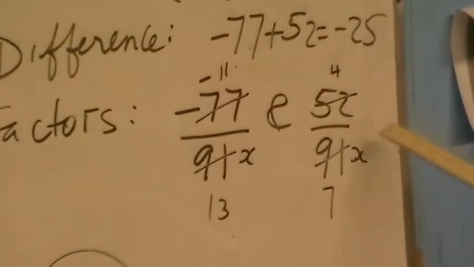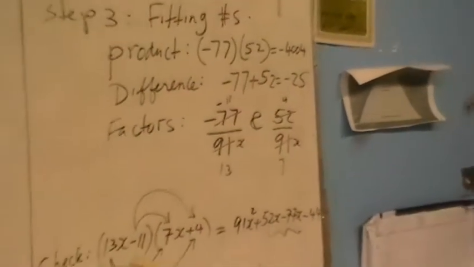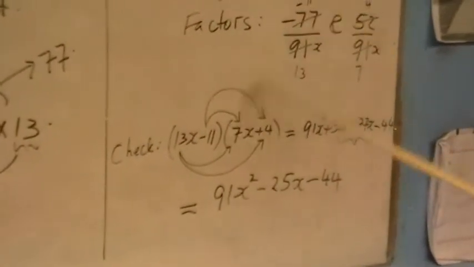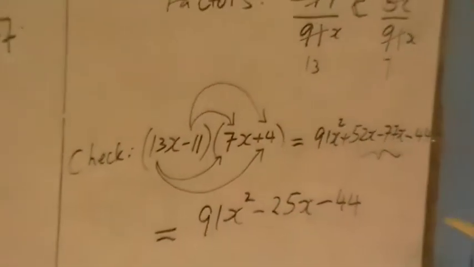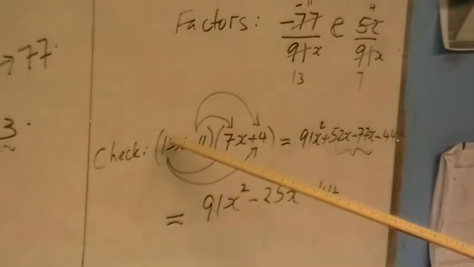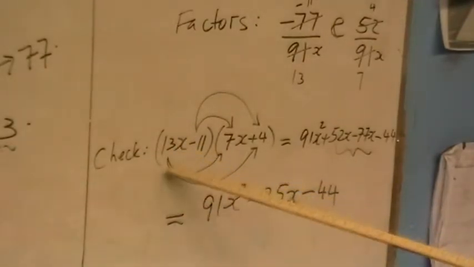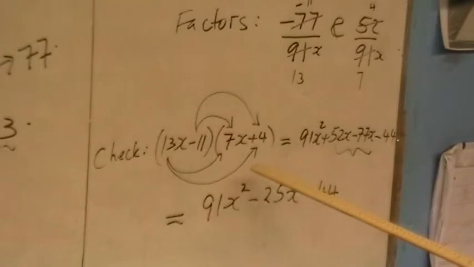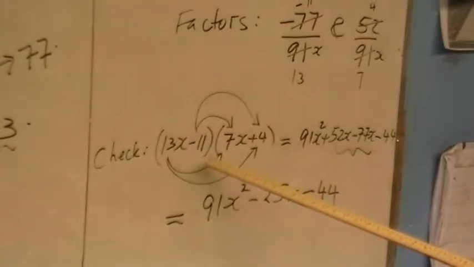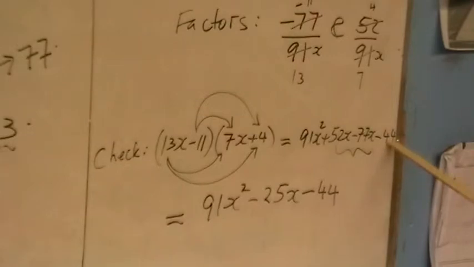Taking these two as your factors, at the end you will have 13x minus 11 by 7x plus 4. And to check, expanding that again will give you the equation we came from at the beginning: 13 by 7 is 91x squared, then 13 by 4 is 52x, negative 11 by 7x is negative 77x, and finally negative 11 by 4 is negative 44.